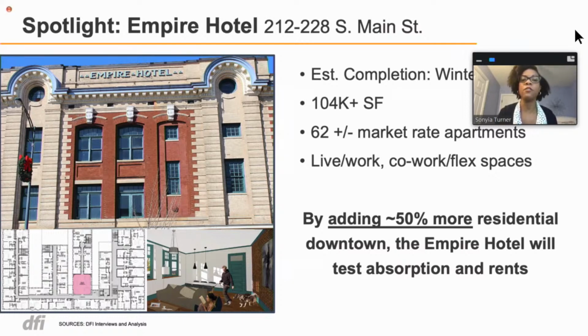Because of the amount of residential product it will be bringing, it will be important to watch just how the market responds to these units coming online. I have not yet seen an actual dollar per square foot amount listed for these apartments. So we would just watch that. But at least based on what we find in our analysis, downtown apartments are commanding around an average of $1.21 per square foot.